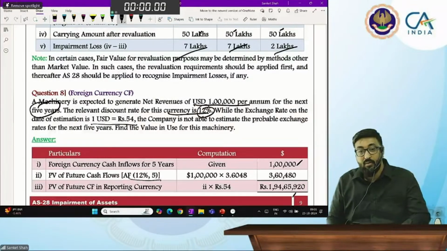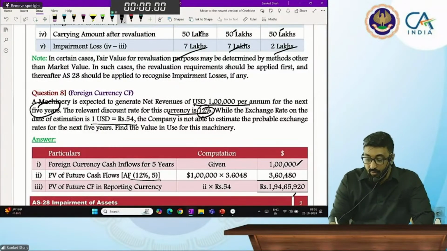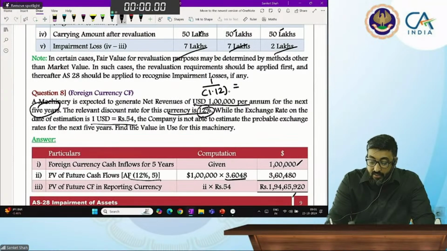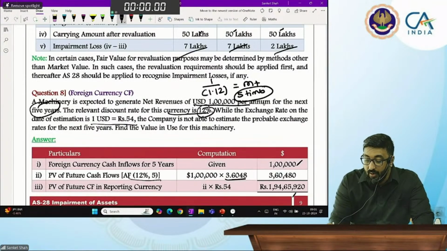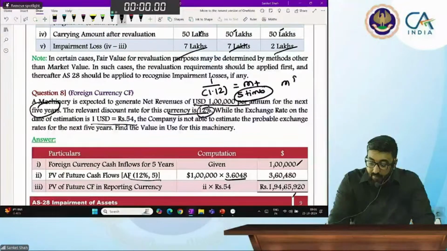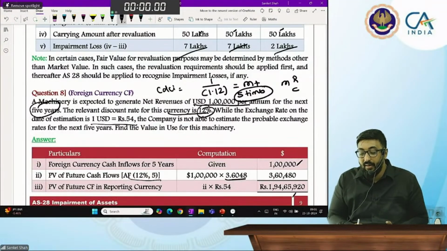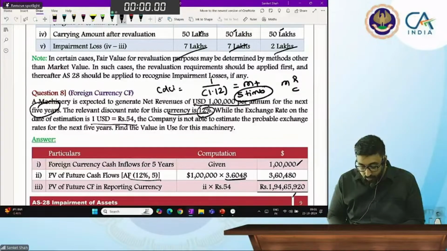Now how to calculate this discounting factor on calci? You can take 1 divided by 1.12 is equal to M plus, for how many times? Because this is 5 times. Because I'm going to receive this 1 lakh for next 5 years. And then memory recall. This is a calci shortcut. Calci पे क्या करना है? 1 divided by 1.12 is equal to M plus 1 time. Again is equal to M plus 2 times, 3 times, 4 times, 5 times. Memory recall.